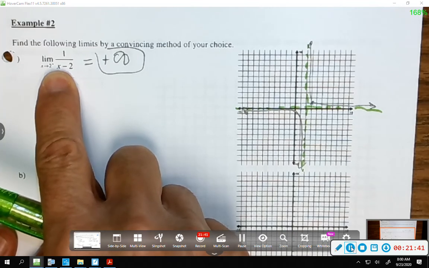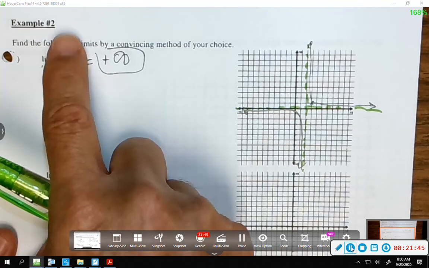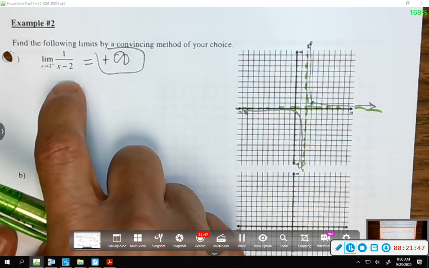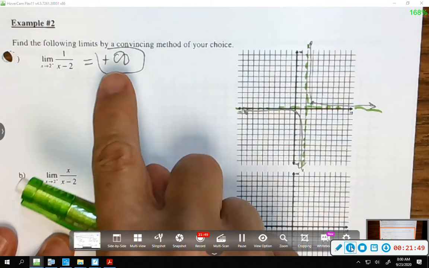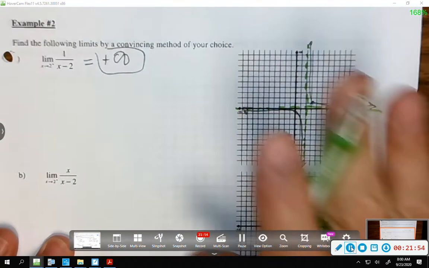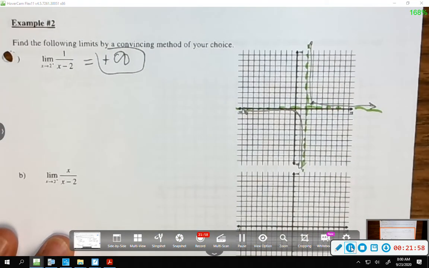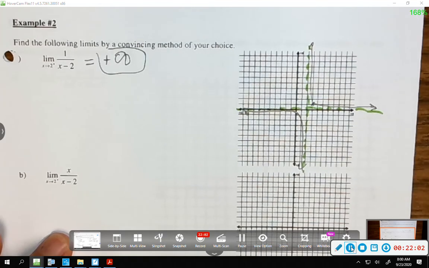That's really close to 2. Subtract 2 is 1/100. And 1 over 1/100 is 100. It's getting larger and larger and larger. So you can do it without graphing. But there are a lot of students who prefer to just do a quick sketch because they become really proficient at sketching these. So I'm going to do it both ways.